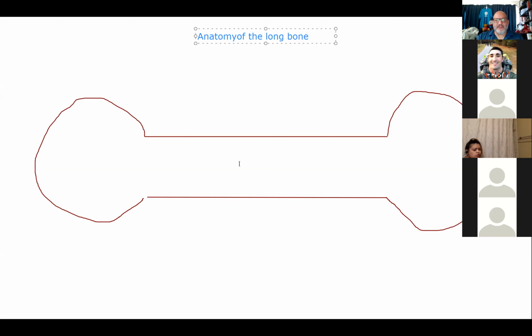But as was already pointed out earlier, we're not going to get away with terms like head and shaft when we're talking about the long bone. Instead, as was mentioned, the appropriate anatomical term for the shaft region of a long bone is a diaphysis. So all long bones have a thin, narrow, elongated diaphysis.